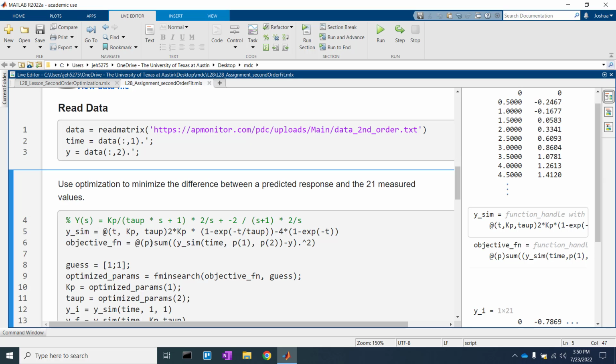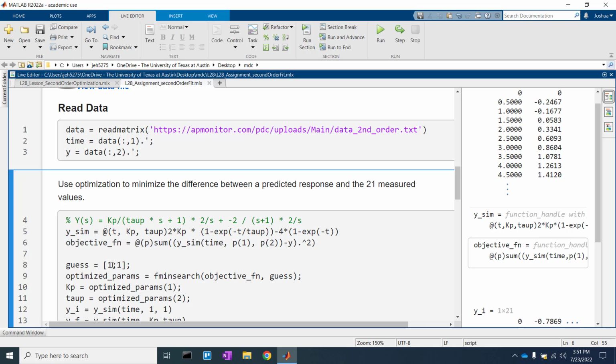Then our objective function is going to take some p for parameters. It's going to distribute that into ysim, which takes time, p1 and p2, so it's going to input that kp and that tau p, and it's going to subtract that from this y we have from our data, and it's going to return the sum squared error of the two.